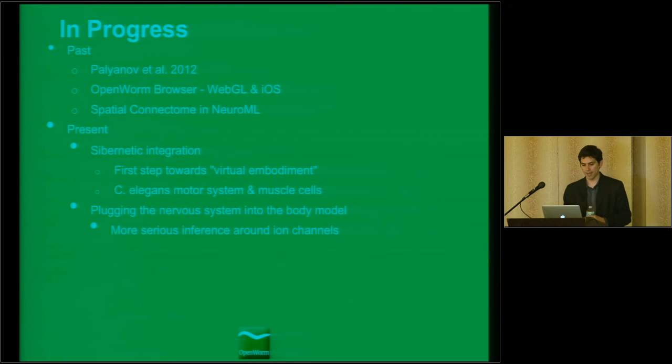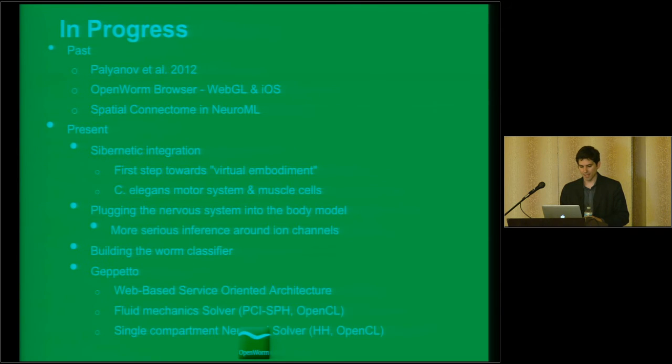So we're working with folks on that. We're building that worm classifier that I mentioned to you as well, and then we're taking more steps to embody what you saw there as a video and put it into Geppetto so you can all play with it yourselves. So that movie of the worm moving around would be available in that way.